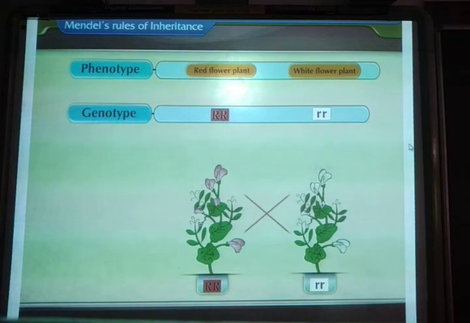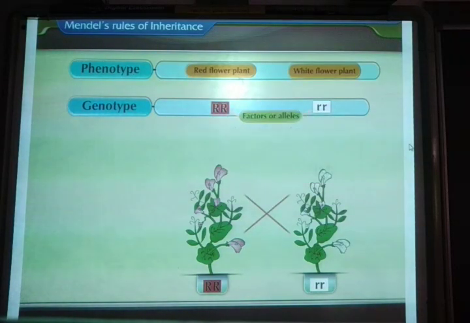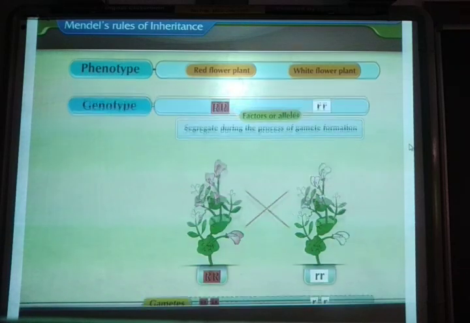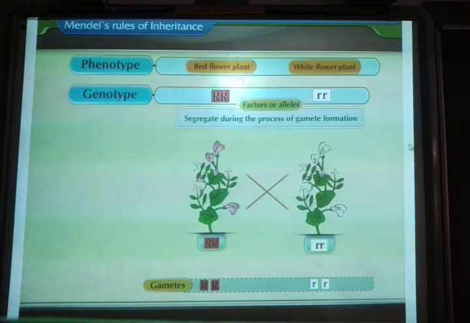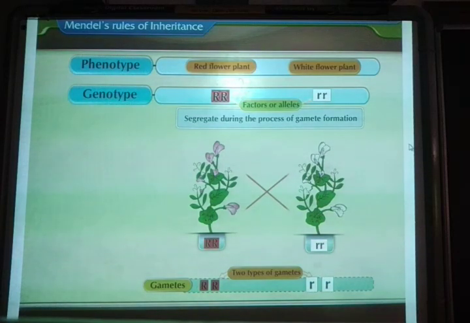In sexual reproduction, these factors or alleles segregate during the process of gamete formation. This results in the formation of two types of gametes, one with capital R factor and the other with small r factor.